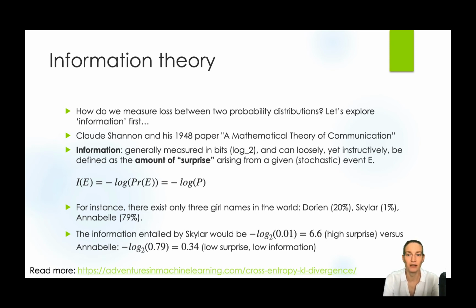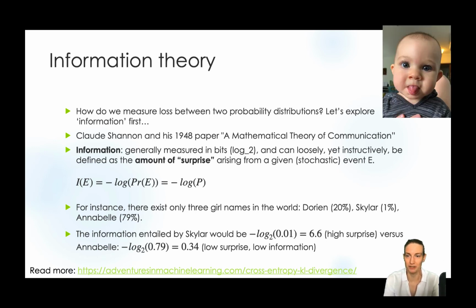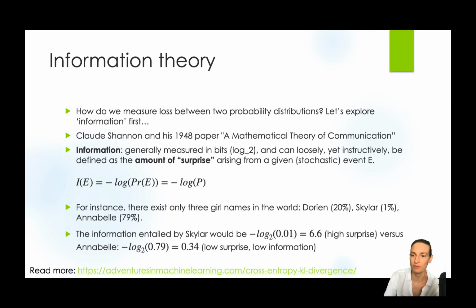There's only 3 girl names in the world. Doreen, very nice name. Skylar, which happens to be my daughter's name, and Annabelle. Very common. Annabelle occurs 79% of cases, Doreen 20%. It's popular in the Netherlands. And Skylar, very rare.